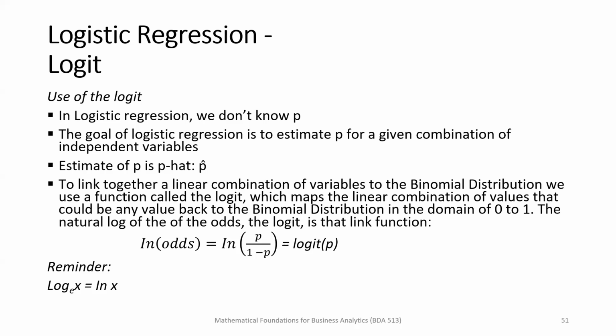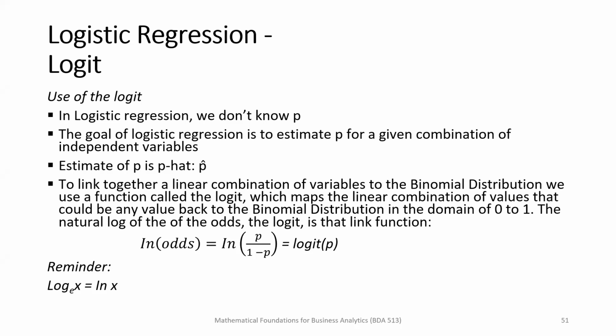Remember that the goal of logistic regression is to estimate P for a given combination of independent variables. It's the same concept of regression, just that here the dependent variable is a classification situation.